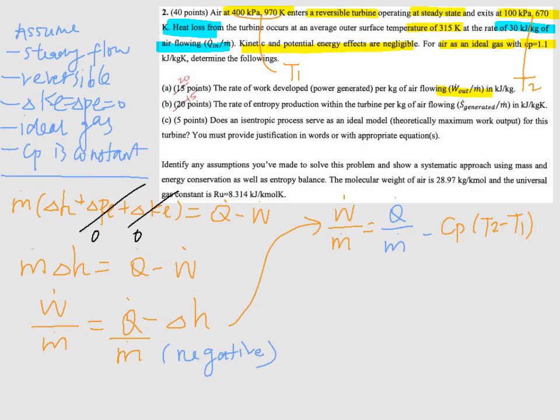We just need to plug and chug. Like we said before, this term is negative, so we're going to put negative 30 in here, minus 1.1 times 670 minus 970. And this will give us 300 kilojoule per kg. And this is for part A.